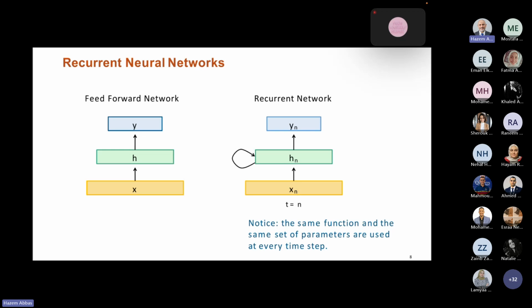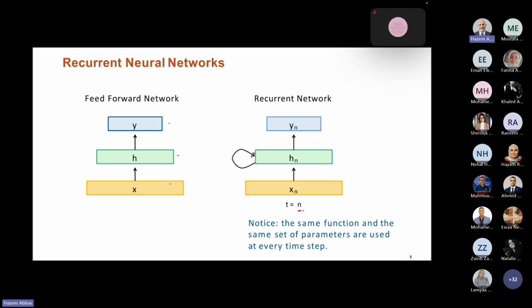In a fully connected layer, we have our input layer going to a hidden layer, going to an output layer. All these are vectors, as you can see. In the recurrent layer, the hidden layer is going to use the output from itself in the previous step.